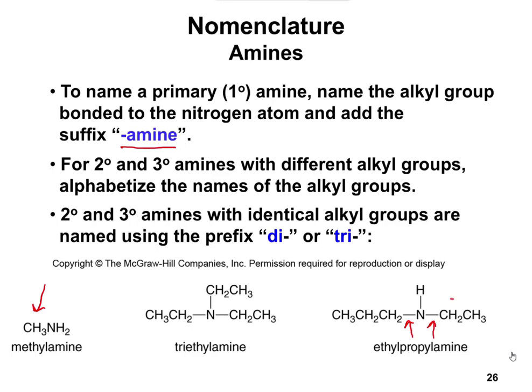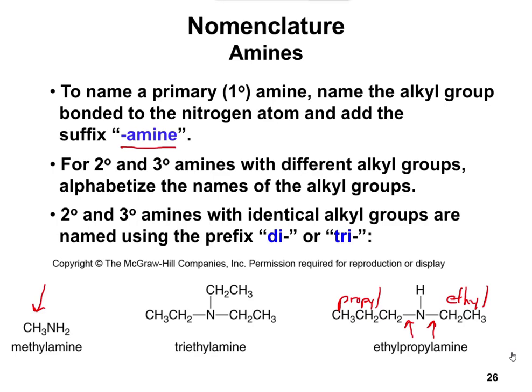And you have an ethyl group over here, and you have a propyl group here. So in this case, we're just going to name the two substituents, ethyl and propyl, and then put amine after it, with the idea being that you're going to alphabetize the names of the different substituents. So it's going to be ethyl, propyl, amine.